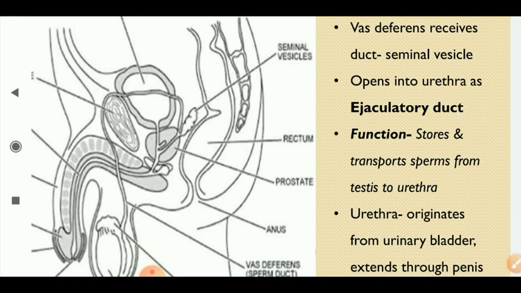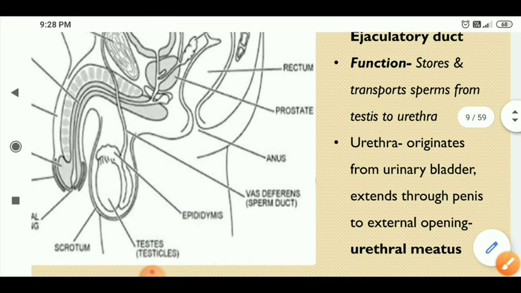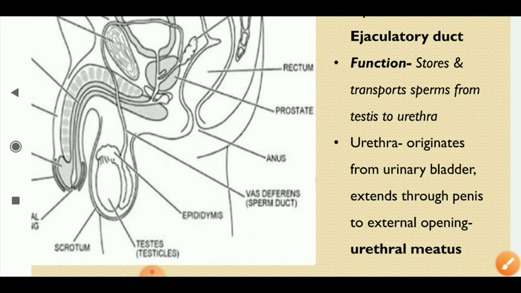Its function is to store and transport sperm from the testis to the urethra. The urethra originates from the urinary bladder and extends through the penis to the external opening called the urethral meatus.